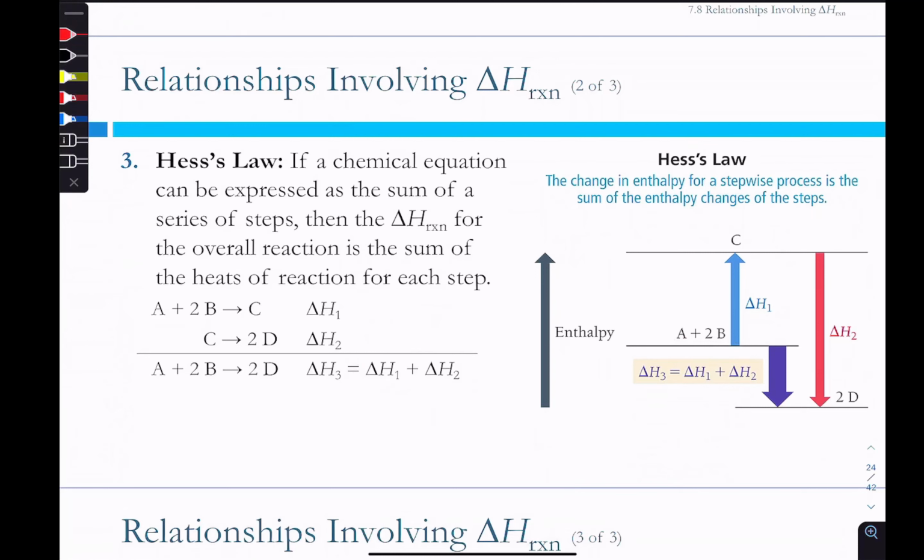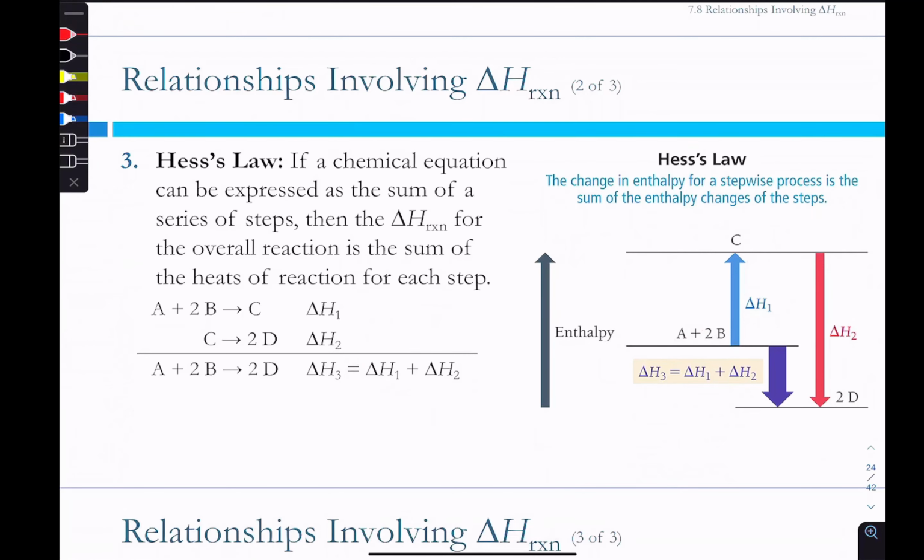Would the sign of this jump be positive or negative? Yeah, so endothermic. The enthalpy goes from whatever this number is to a higher number, so it gets more positive. And then going from C down to D is going to be exothermic. It almost doesn't matter that we can do these individual steps, because the final result is the same as if we had just gone from our initial to our ultimate final step.